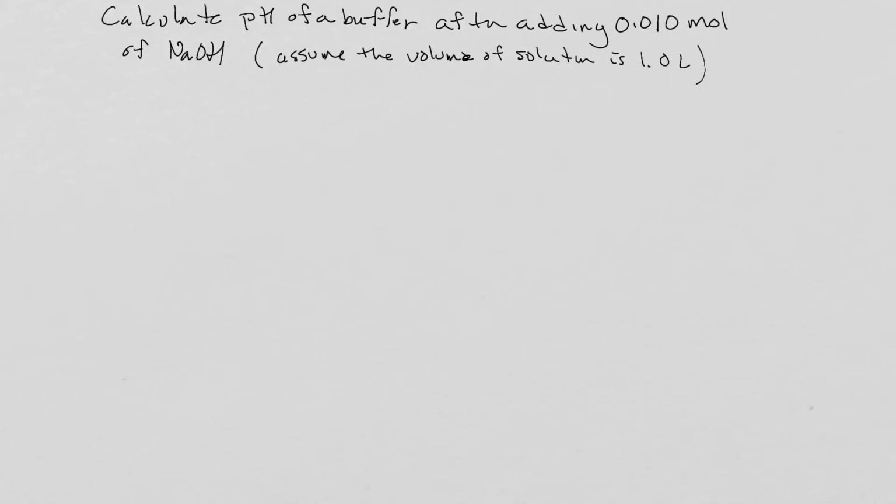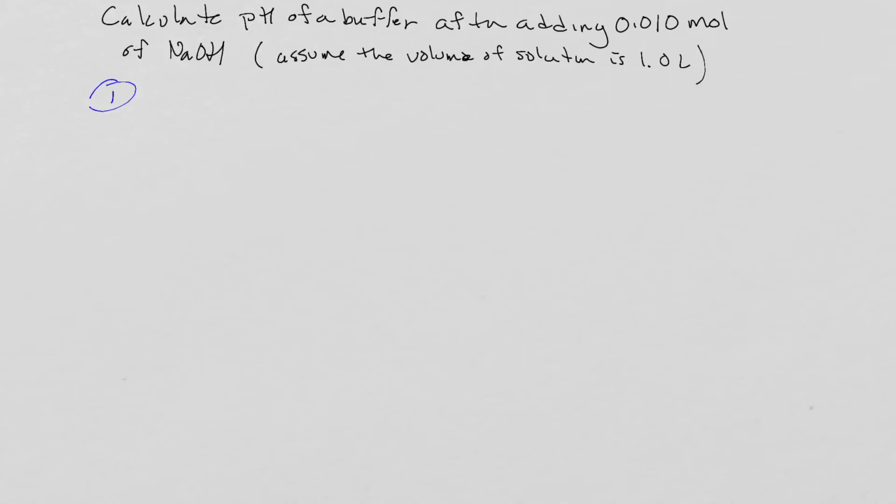So we have to break this problem down into two parts, right? The first part, again, is a stoichiometry problem. So we have to figure out how much hydroxide we added and how that affects the amount of our acid and conjugate base that we have.